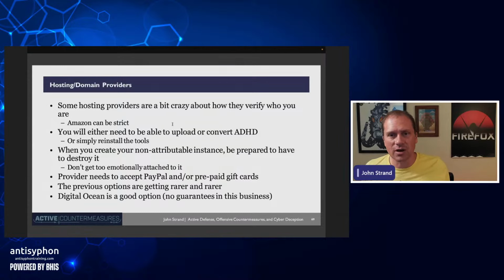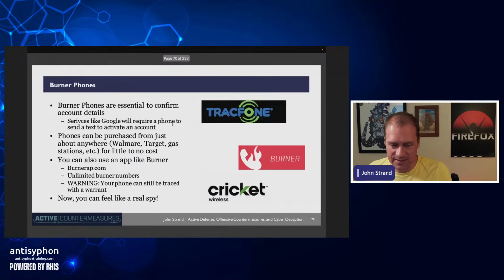A couple hundred dollars is more than enough money to get you through that operational time window. Also, DigitalOcean works really, really well. No guarantees though, especially if DigitalOcean starts to see malicious type traffic from your server, they might get a little tweaky. You may have to notify them that you're doing things like attribution, that you're a legitimate company, things like that.